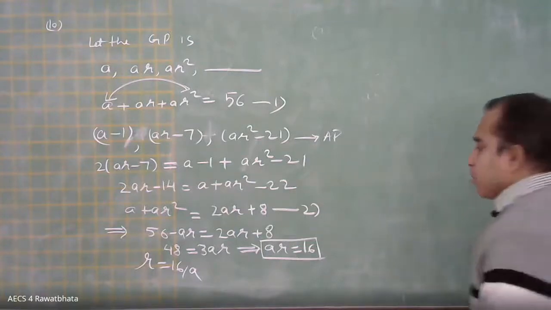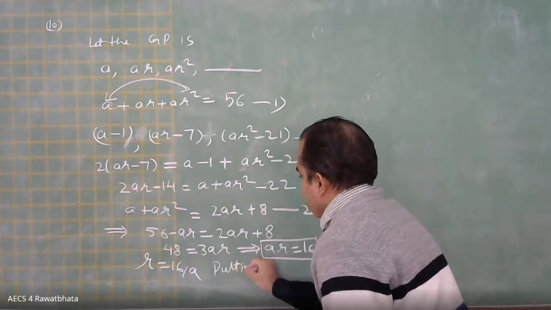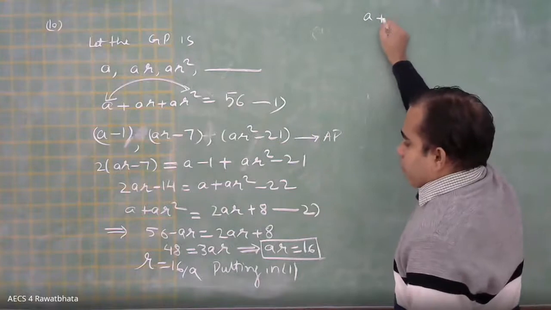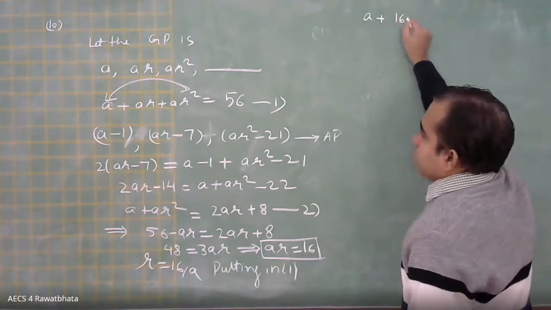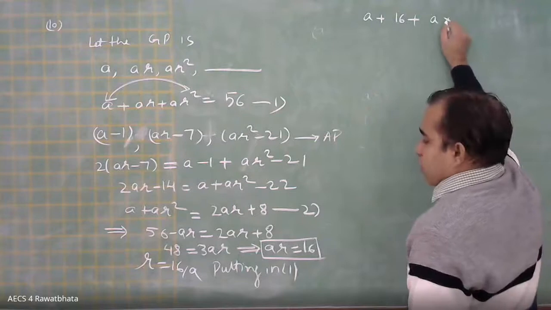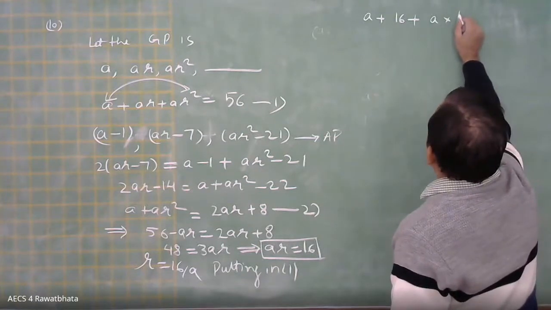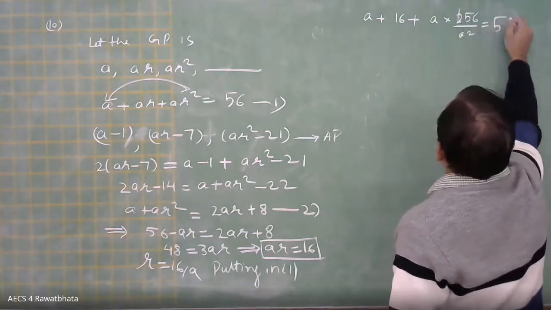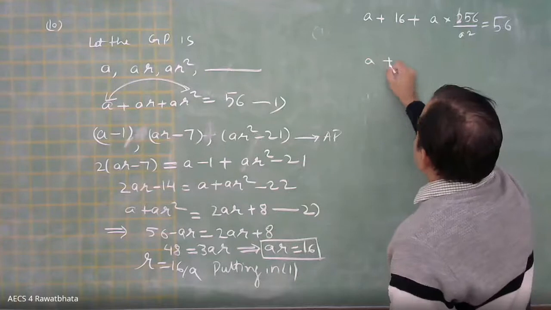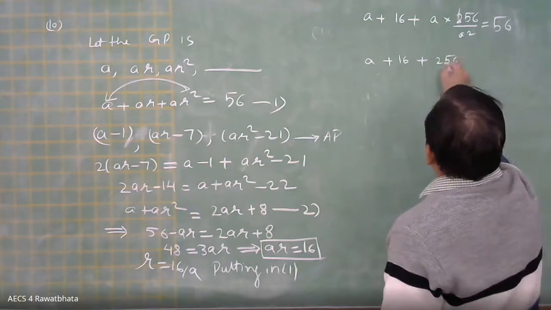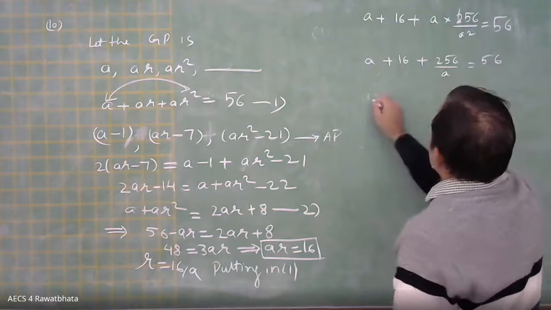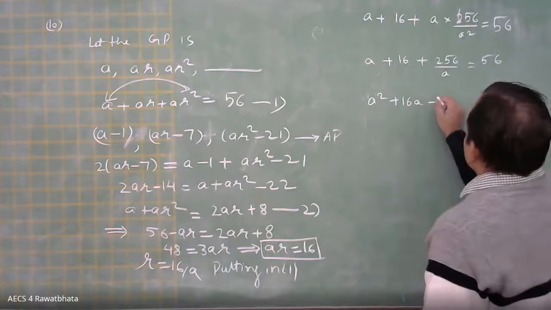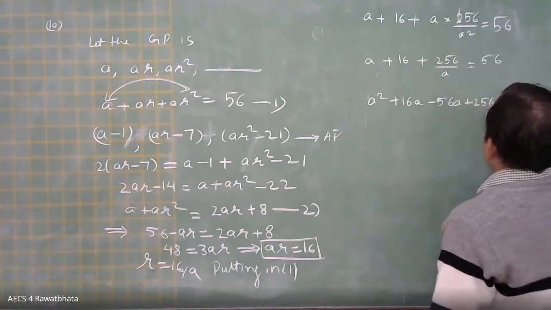And this will become A plus AR, whose value is 16, plus AR square, which is 256 upon A, equal to 56. Simplification gives A square plus 16A minus 56A plus 256 equal to 0.